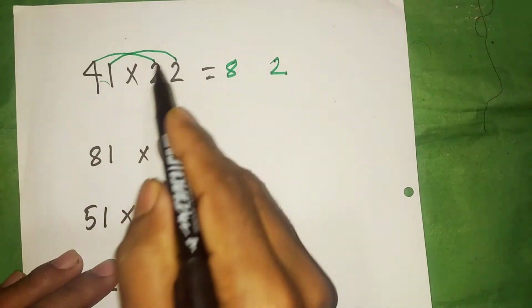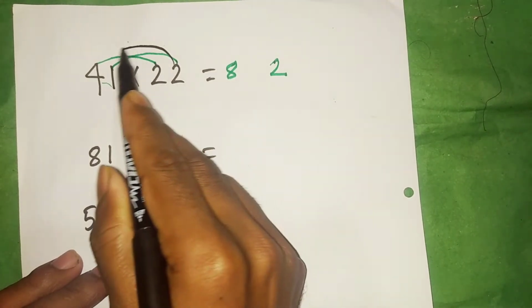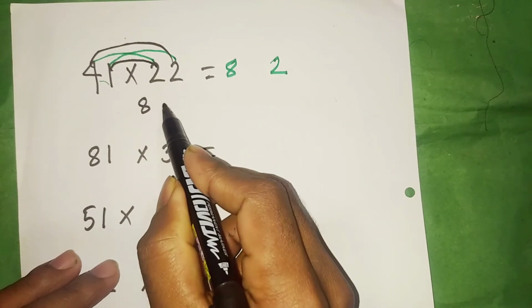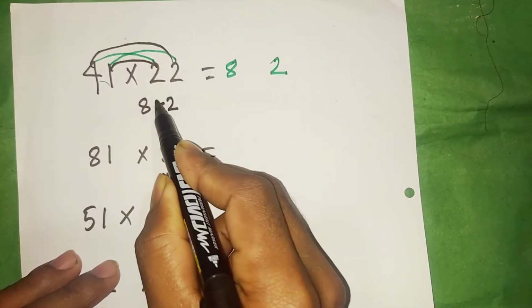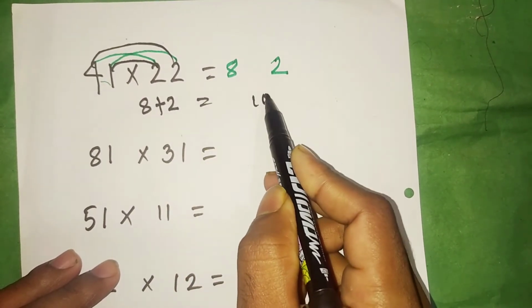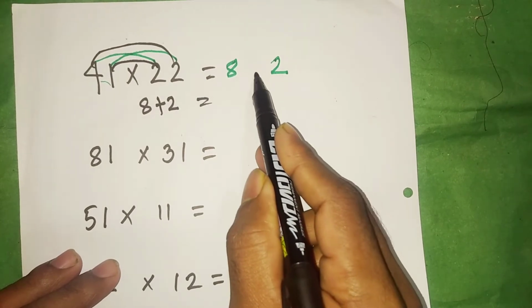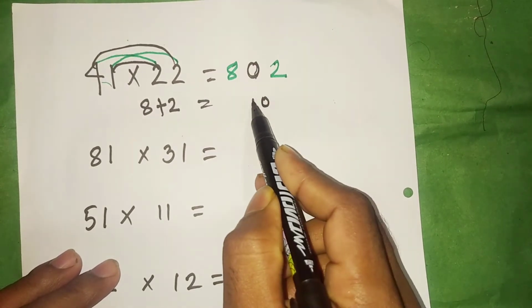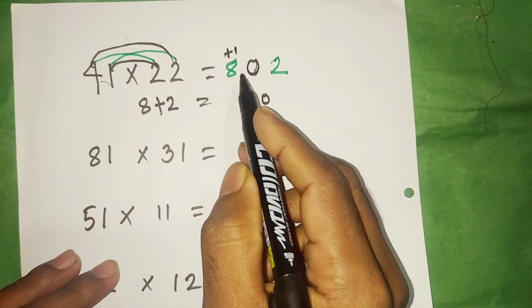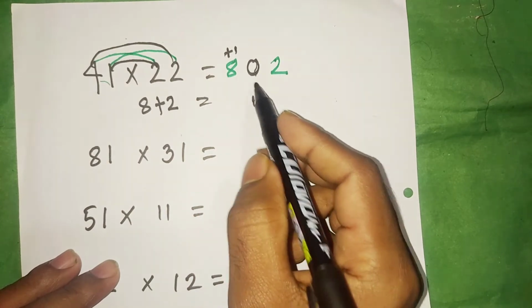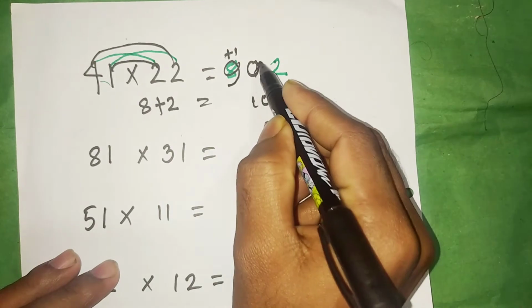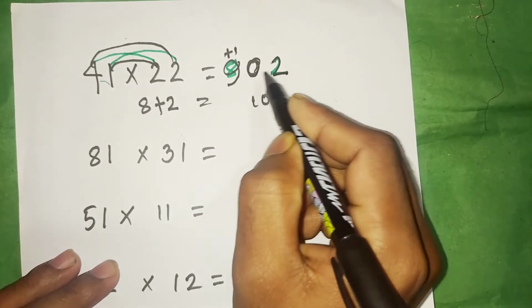Now 2 4 multiply 8 and 2 1 multiply 2, together we have 10, and 0 put here, and 1 at 8. So we have the answer 902.